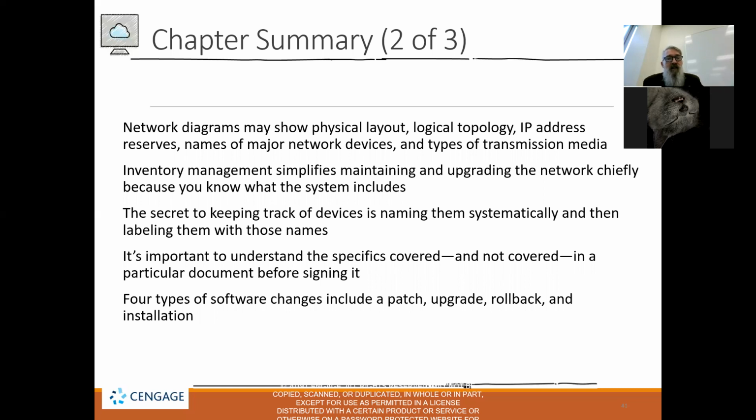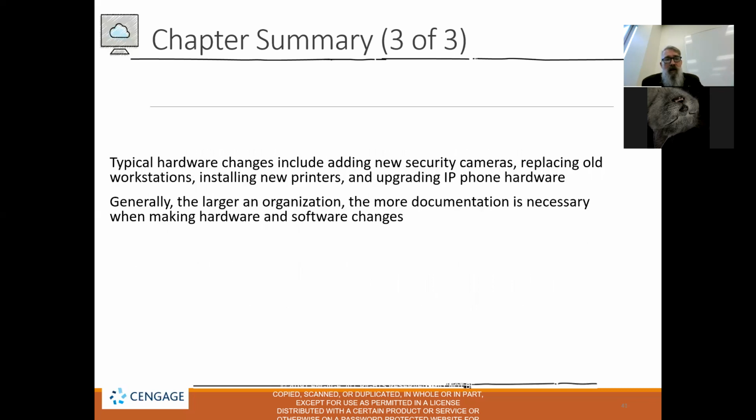There's lots of data that you need to keep if you're going to be working in a network environment. And there's lots of changes that you could be making, but all of those need to be documented. Hooray, we've finished.